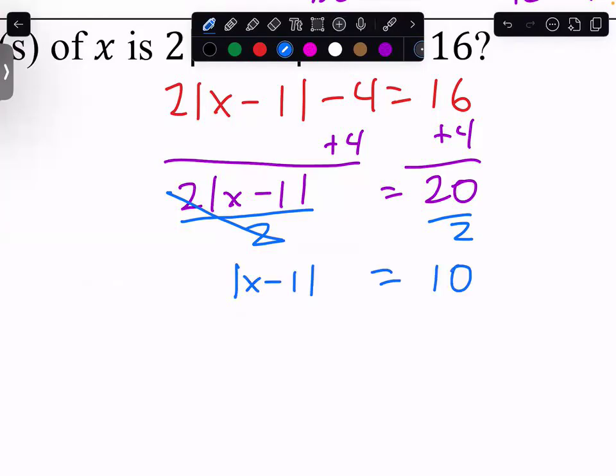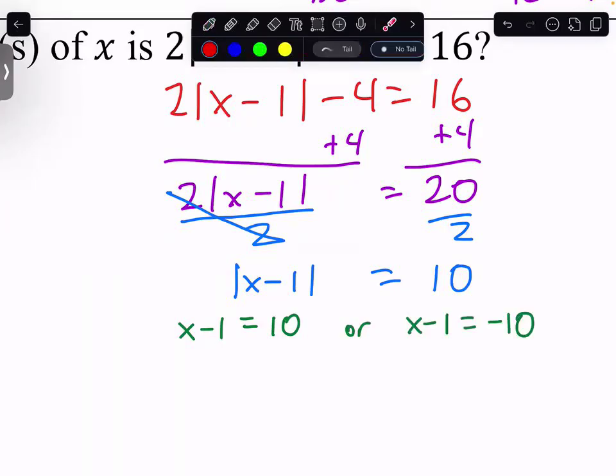Now that we have the absolute value by itself, nothing in front, nothing behind, this is where we split it up. The inside could equal 10 already, or the inside could equal negative 10, and the absolute value allows us to switch it to positive 10.